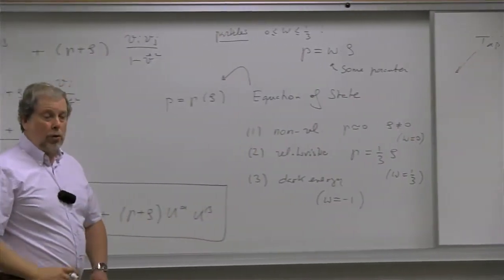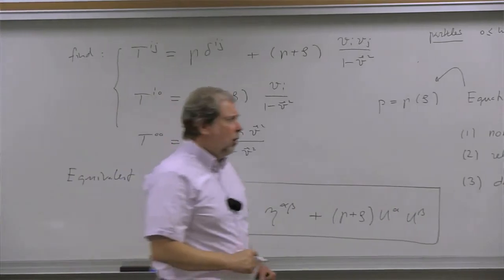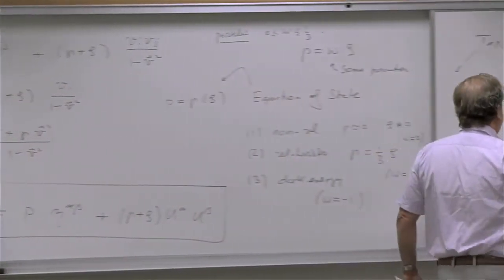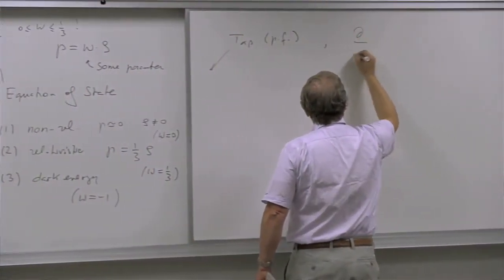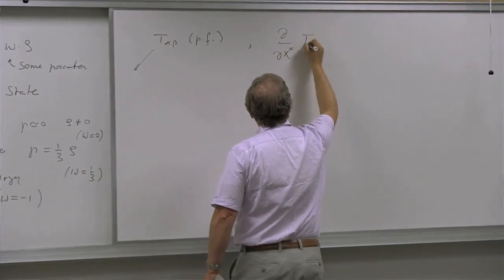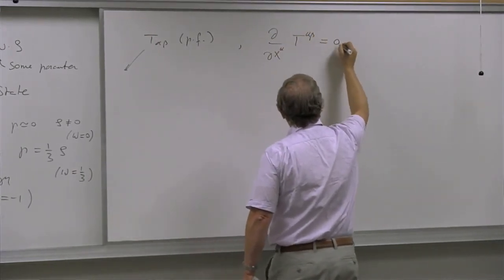The other thing that we usually tend to impose is that d by dx alpha of T alpha beta is equal to 0.